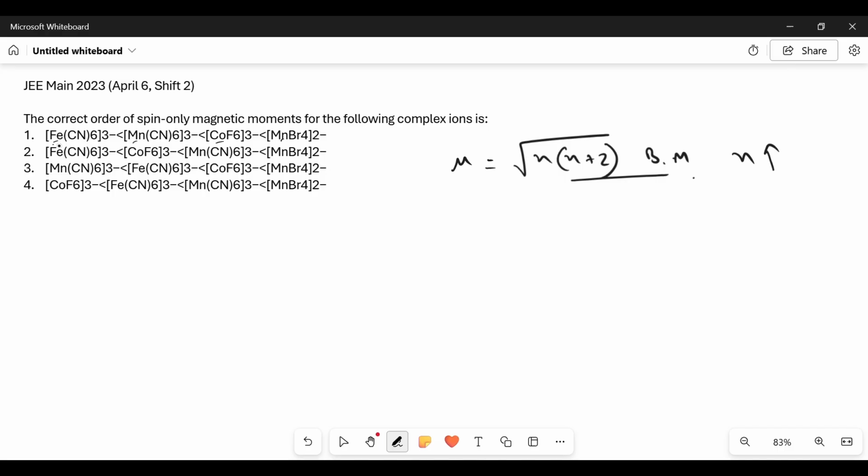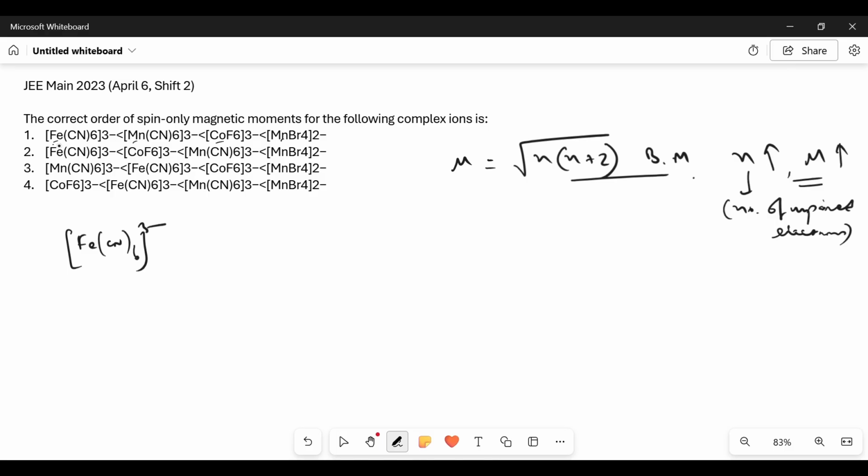So n value is more means mu value is more. So in this type of question, we have to calculate the number of unpaired electrons. That is the important thing. If you get more unpaired electrons, that is the more spin only magnetic moment value. Okay. So first we will see Fe(CN)6 3 minus.